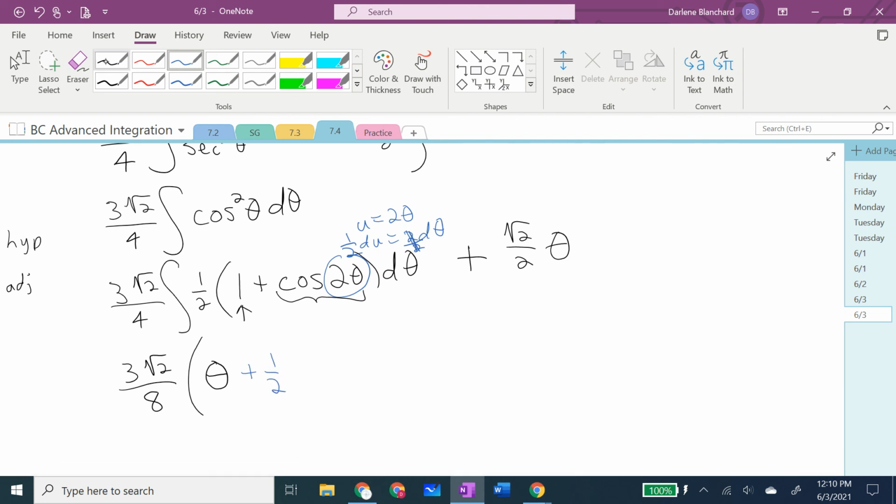And then the integral of cosine is sine. Put that u back in, and it is a positive sign when I integrate. And then I have my plus root 2 over 2 theta over there.